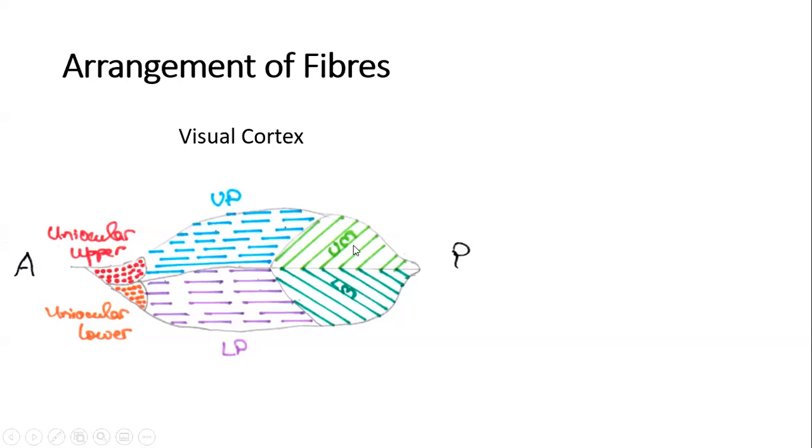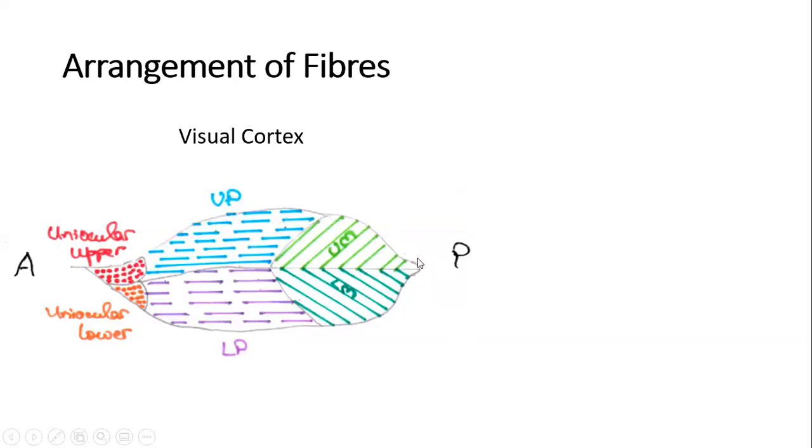Okay. And just anterior to those macular fibers, we see the upper peripheral fibers and the lower peripheral fibers. And even more anterior, the most anterior portion, will have the uniocular fibers. Uniocular means uniocular nasal fibers from the opposite side.